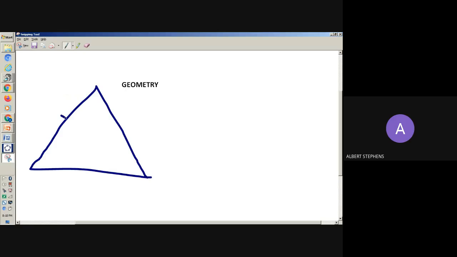You notice I use those two strokes to indicate that these two sides are equal, and because these two sides are equal, then these two angles are equal. Now class, sometimes they're not gonna present the triangle to you so simply, because it's really easy to see.